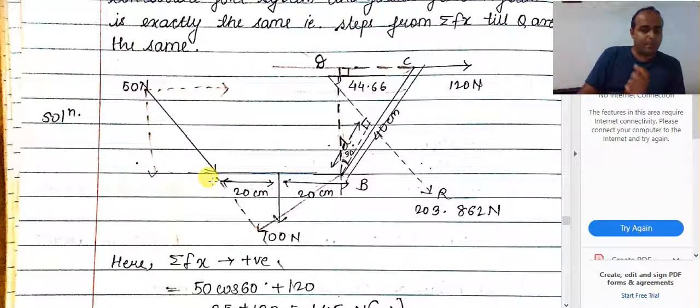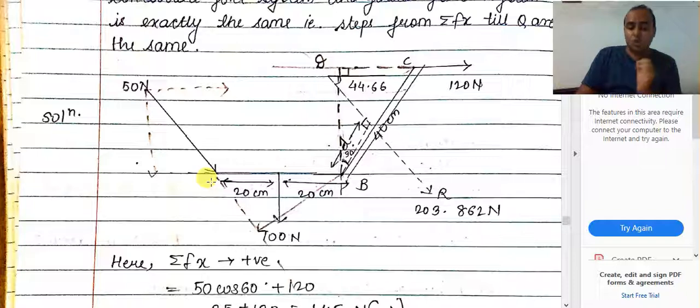If you keep your thumb pivoted at point B and take your first finger towards the left along that 50 sine 60 force and rotate the force with the help of the finger, definitely it will be in anti-clockwise sense with respect to B.